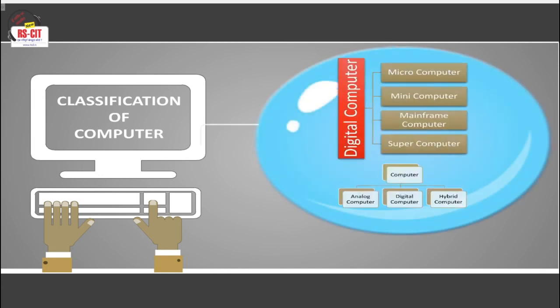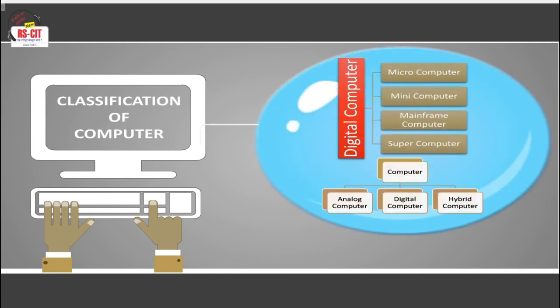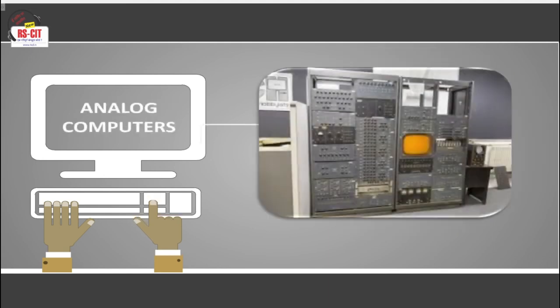Coming to computer classification. Computers may be classified on various parameters like based on their data processing capabilities, according to purpose, data handling, functionality, size, storage capacity, and performance. Analog computer is a device that processes infinitely varying signals, such as voltage or frequencies.